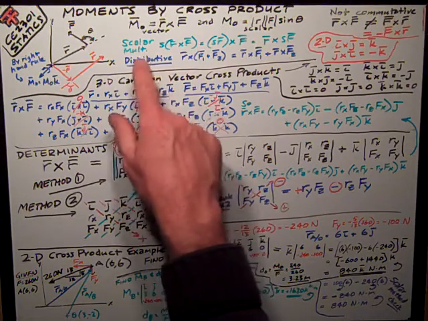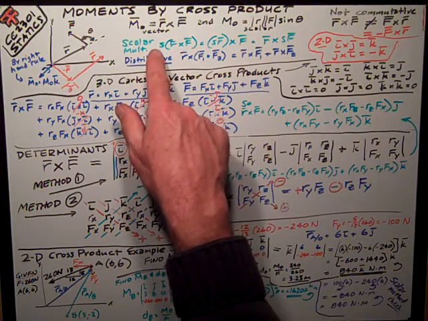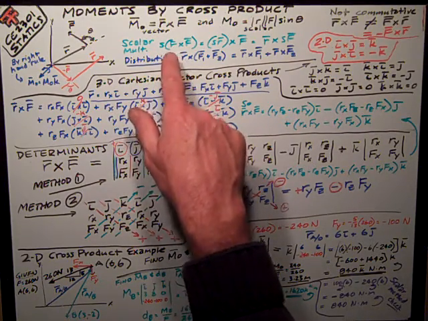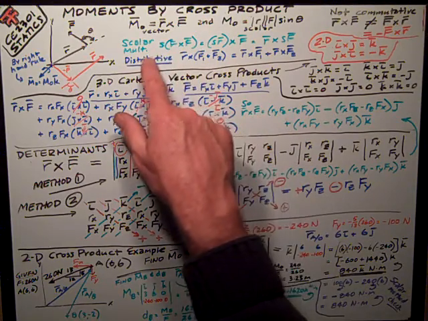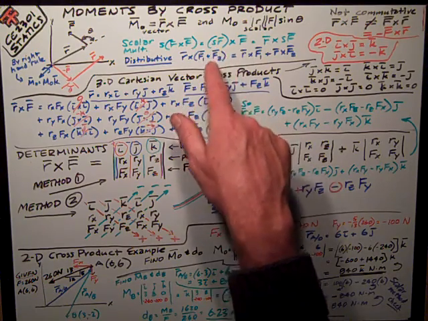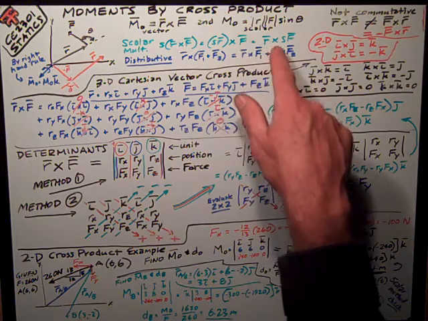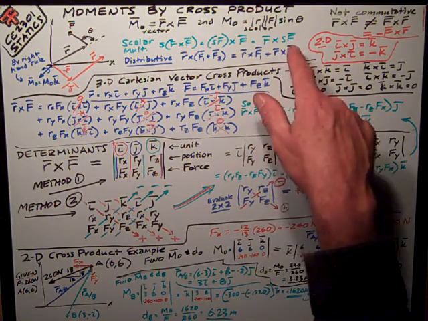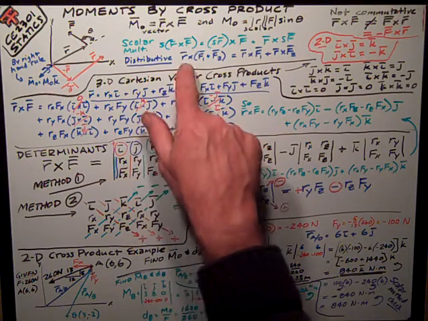Other properties are of scalar multiplication. If I have the scalar number S times R cross F, that's equal to, I can multiply the scalar by vector R and then cross it with F, or I can multiply the vector R crossed with the scalar times the vector F. There's also the distributive property.